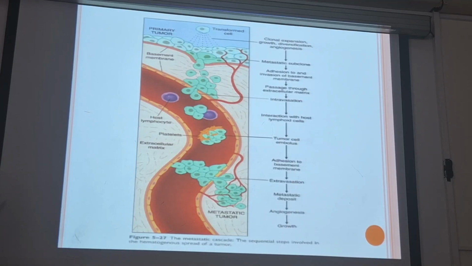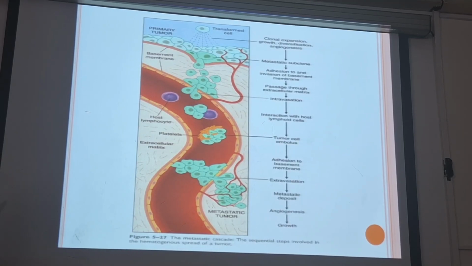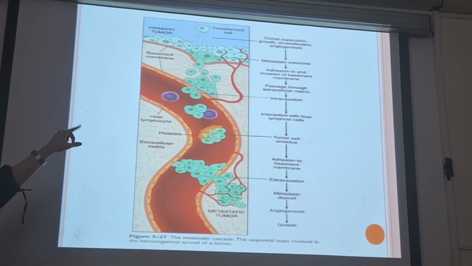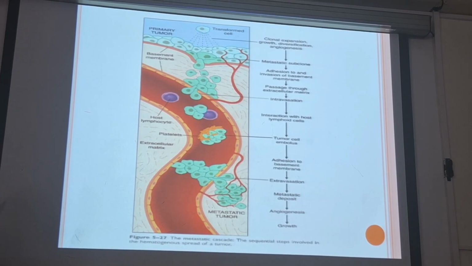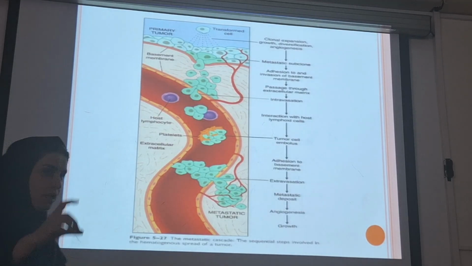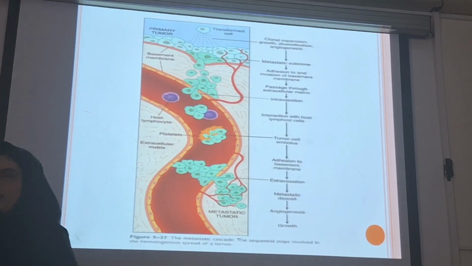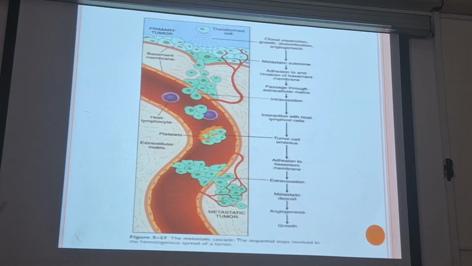Thank you so much. Yes, you know, at first we have a transformed cell, a malignant cell, okay? We have the malignant cells and primary tumor here. When the tumor is only in the site above the basement membrane, we call that an in situ tumor, okay?